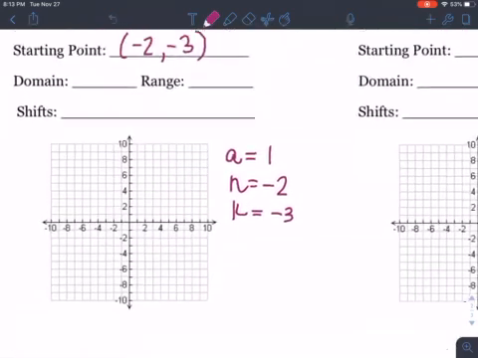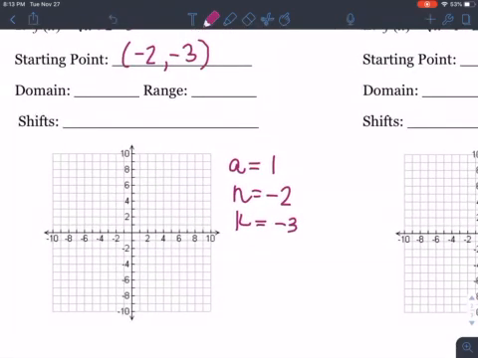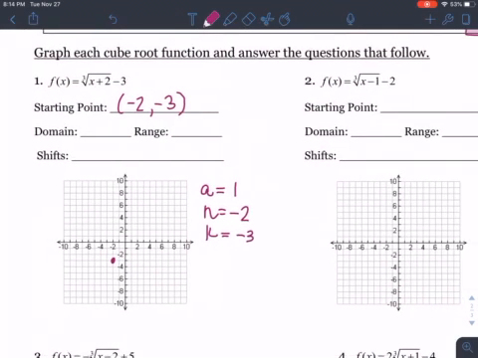We are at -2, -3. Now, our domain, looking at that, you should know it and the range. But anyway, to graph it, we are at a over 1, a over 7. So our a, 1 over 1, 1 over 7.